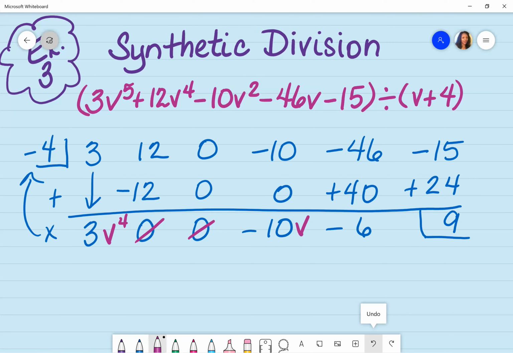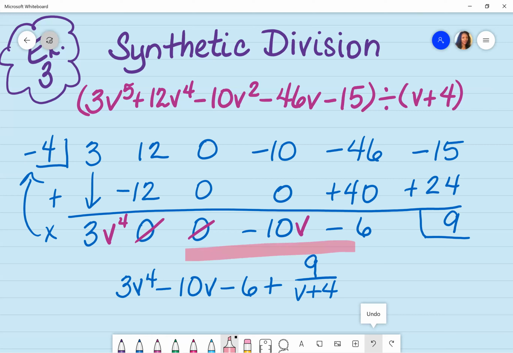So my final answer is going to be 3v to the 4th minus 10v minus 6. And then I have a remainder. So that remainder is in the form of a fraction, 9 over v plus 4, because that is my divisor. Whatever your divisor is, that's what your remainder will go over. This is polynomial division. Have a great day.